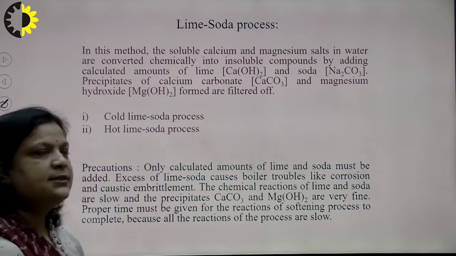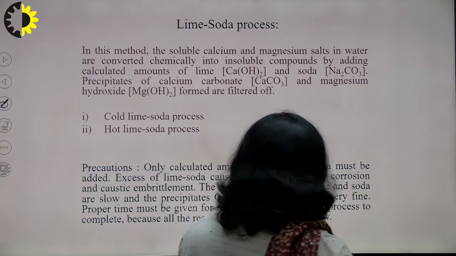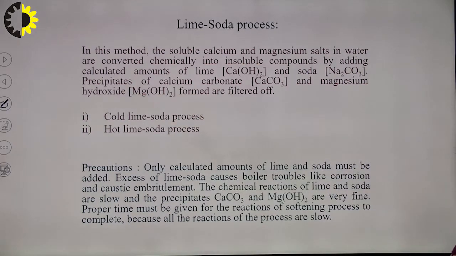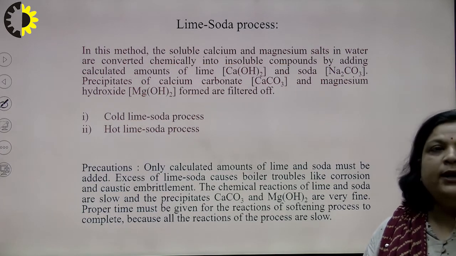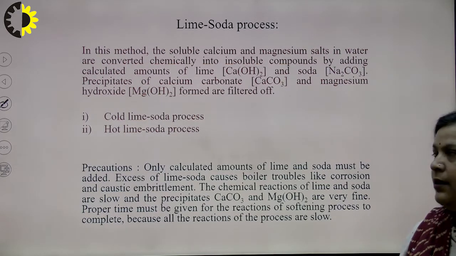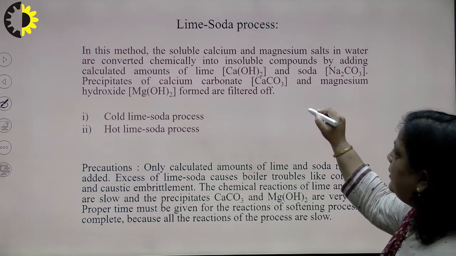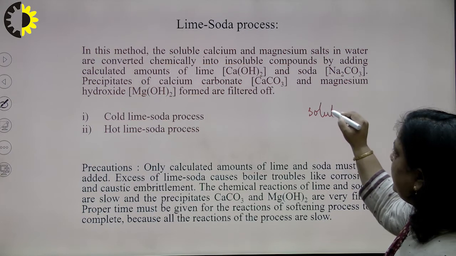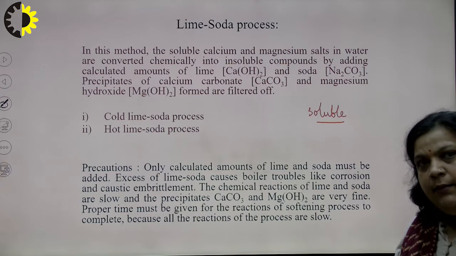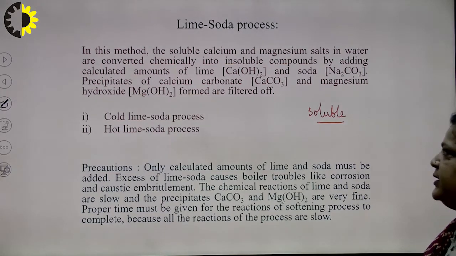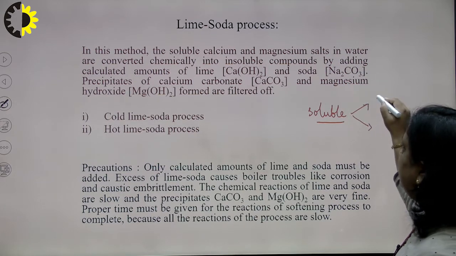So, let us take the lime soda process. This process is very useful, and the main reason is that no automation or electricity is required. The basic concept of this process is that the soluble impurities are precipitated in the form of insoluble precipitates by adding a calculated amount of lime and soda.